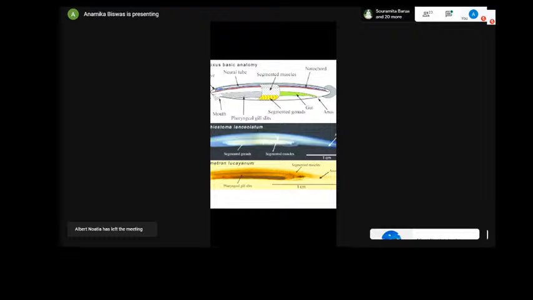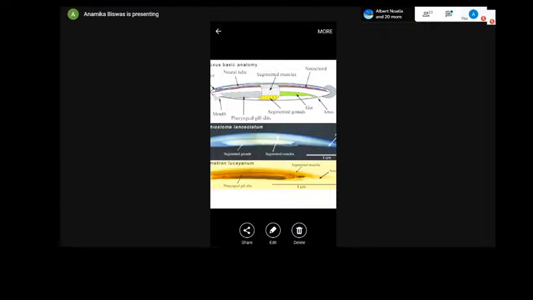This vertebral column consists of ring-like bones called vertebrae. The anterior part of the notochord is replaced by the skull or cranium to protect the brain. Therefore, this group is called craniata.